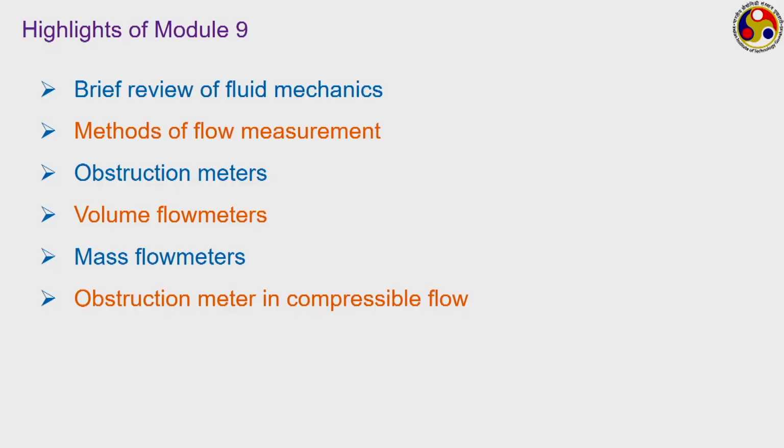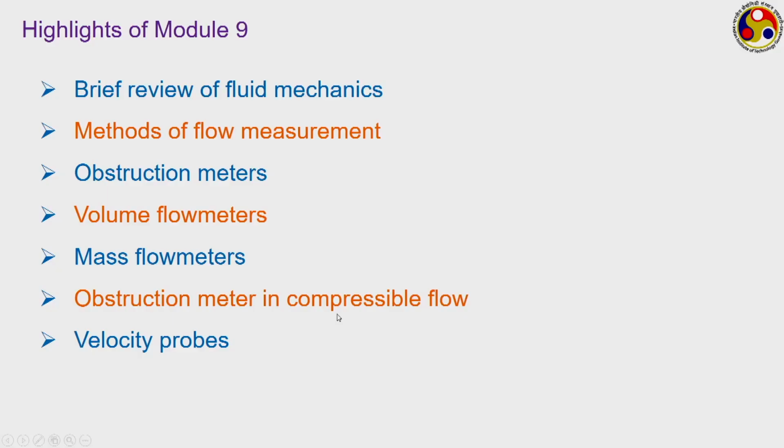Then we discussed the use of obstruction meters in compressible flow, just a very brief introduction. Mind you, the principle of this compressible flow can also be used in the pitot tube. The expressions for the pitot tube that we use also use Bernoulli's equation, and so they are applicable only for incompressible flows.